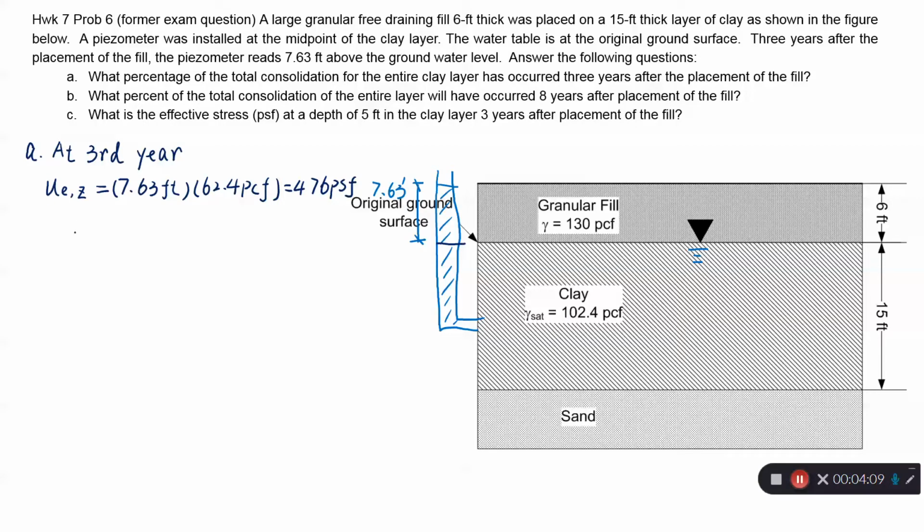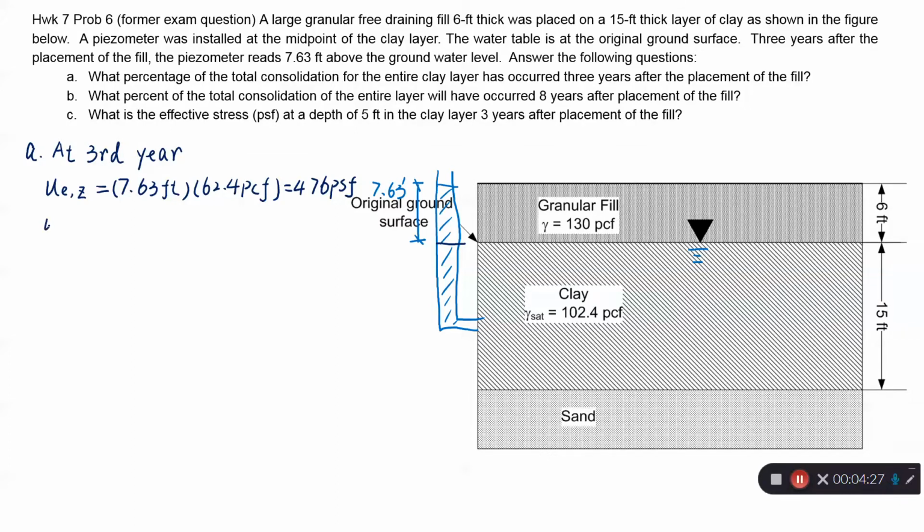Now, what is the initial excess pore water pressure? Right after the fill is placed, all the load is taken by water.